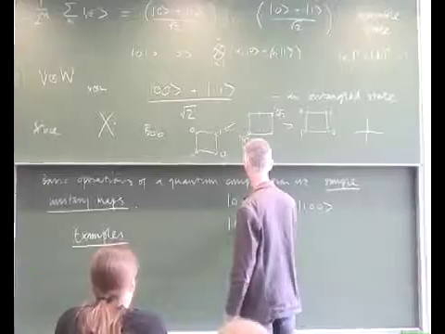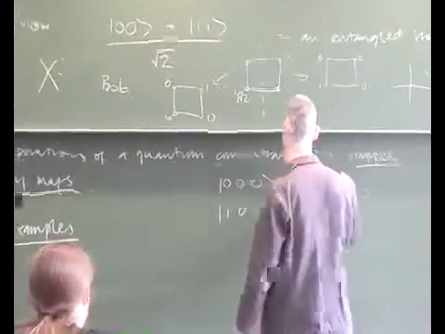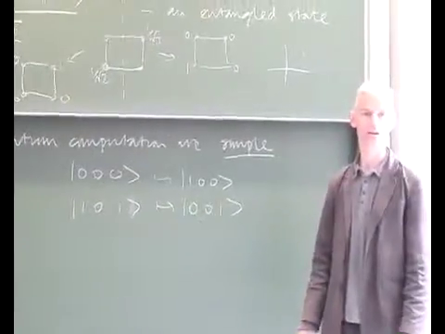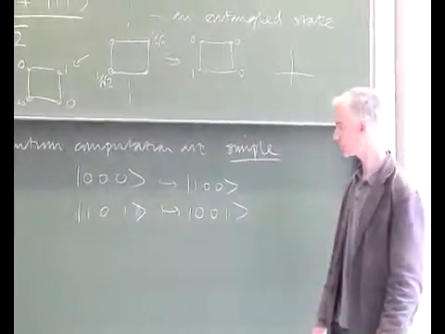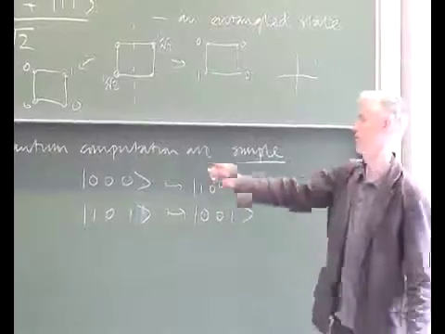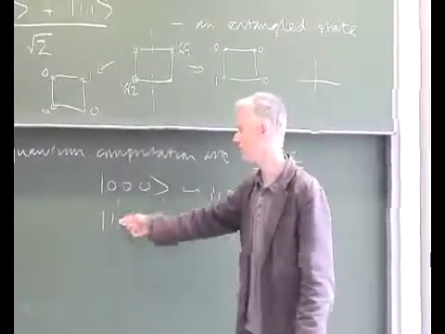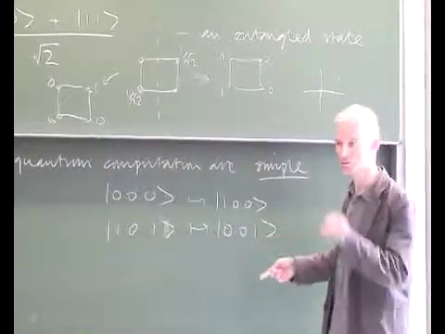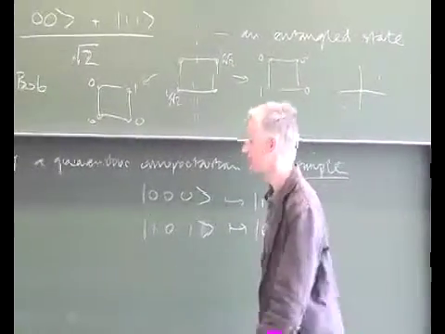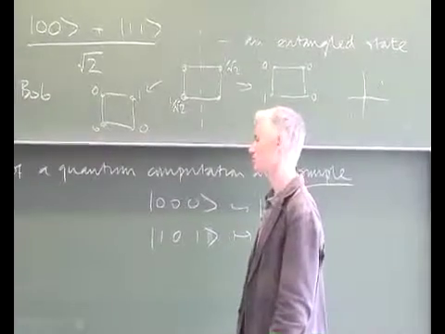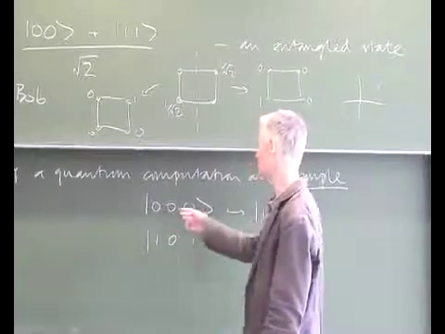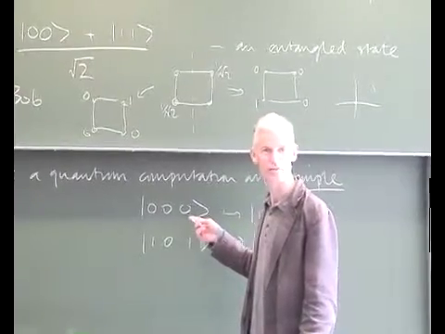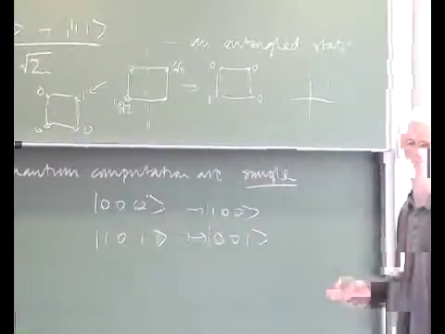And if I have, say, 1, 0, 1, that will map to 0, 0, 1, and so on. And moreover, if I had, say, alpha times that plus beta times that, it would go to alpha times this plus beta times this. So in order to say what a quantum operation does, I can say what it does to one of these classical basis states and then extend linearly.